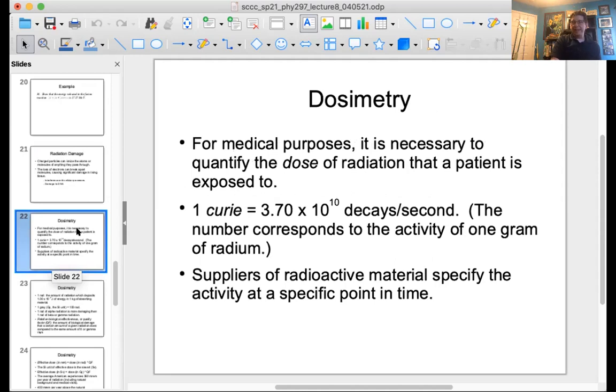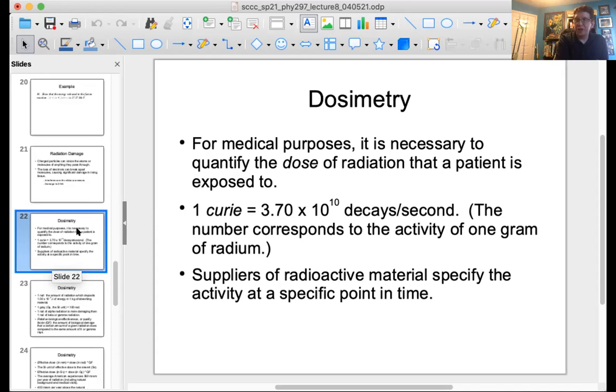For medical purposes, it is necessary to quantify the dose of radiation that a patient is exposed to. You don't just want to say the patient has been exposed to a lot of radiation or a little bit of radiation, but how much? And so we can talk about decays per second.